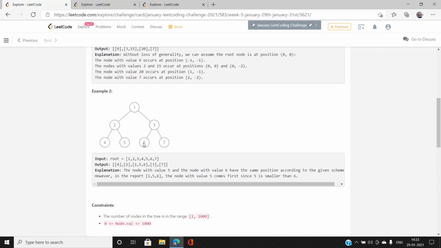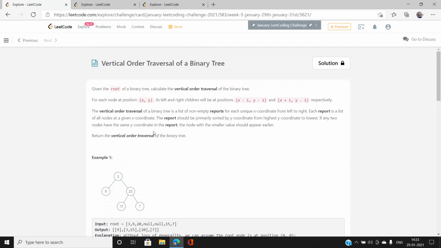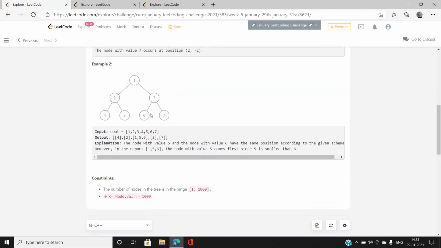According to the question, if nodes have the same coordinate in the report, the node with the smaller value should appear earlier. So when we traverse the binary tree, we report 5 first, and then 6 second.